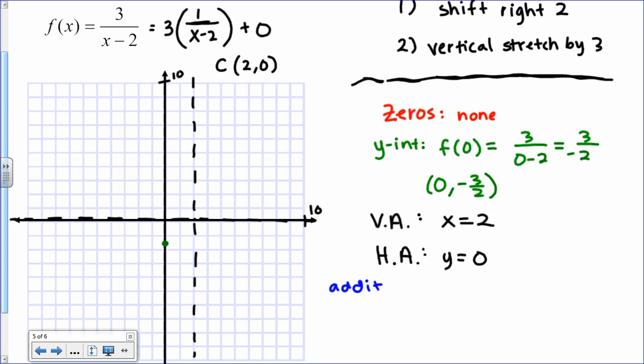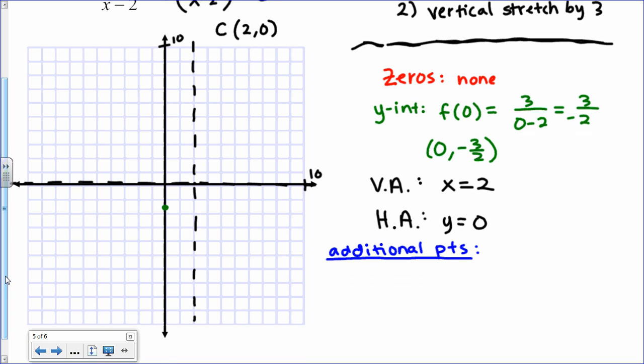So if I'm still looking on the left side, the left part of that vertical asymptote, what's another number I could plug in? Negative 3? Okay, sure. You can plug in negative 3 because that's left of that vertical asymptote. What else could I plug in?